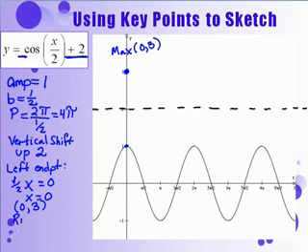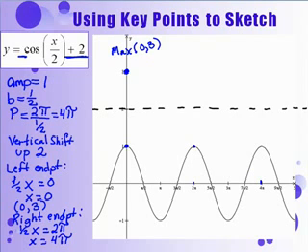Now your right endpoint, you're going to have 1/2 x equals 2 pi. So that means our right endpoint is going to be at 4 pi. And again, if we look down here at the graph of cosine, at the end of one period, cosine should be at a maximum.